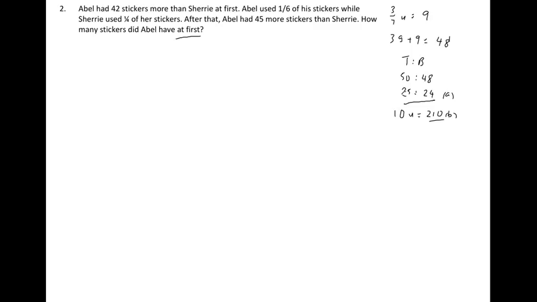statement onwards, right? Which is this statement. The first statement we should look at is, after that, Abel had 45 more stickers than Sherry. So I draw Abel, Sherry. I'll draw that Abel has 45 more than Sherry, right?